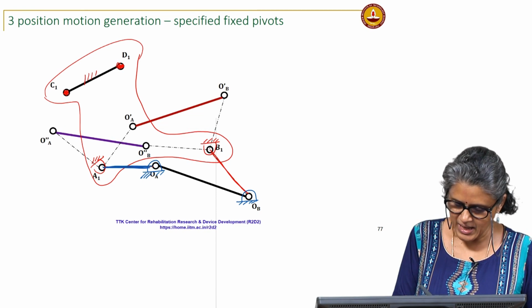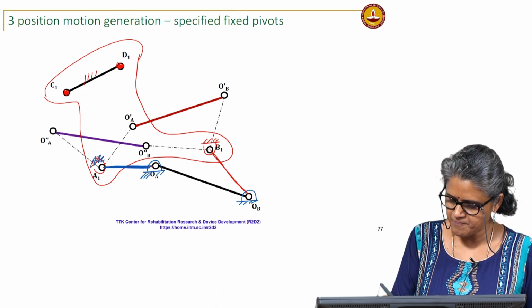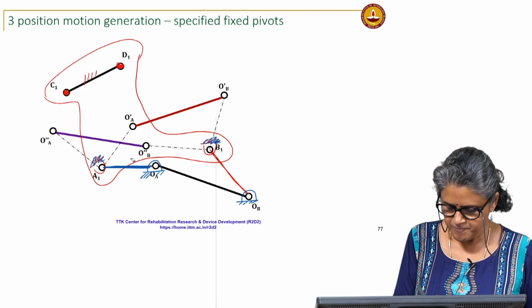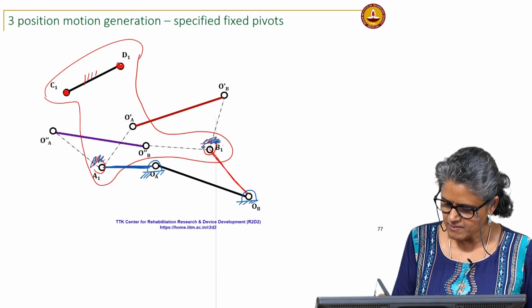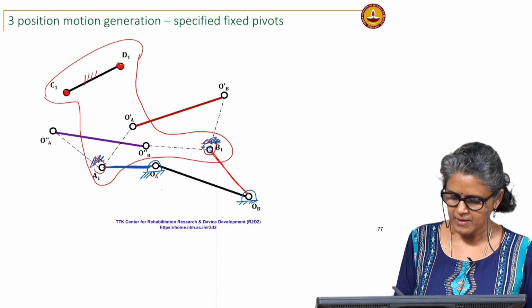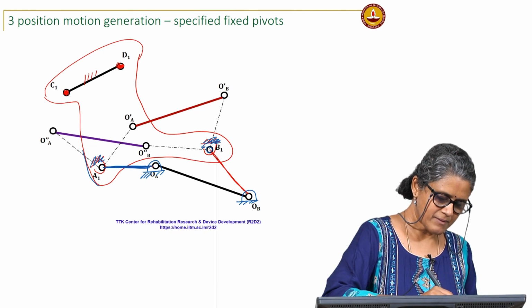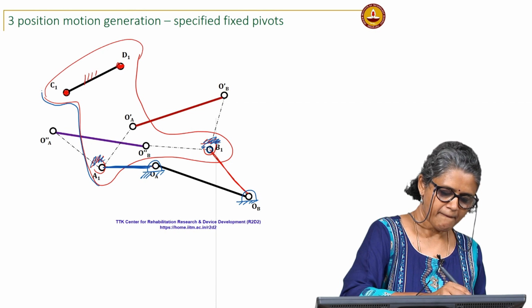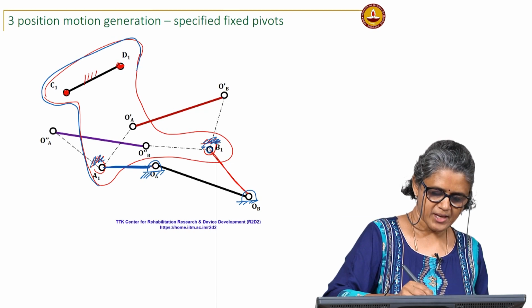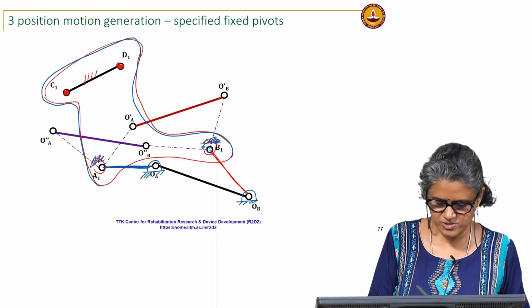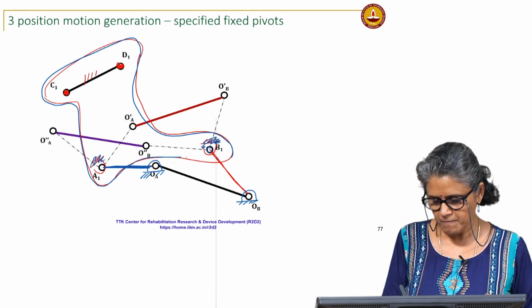So, my actual linkage is this, I pivot it at A and B, okay, and my coupler is shaped like this, or whatever shape that includes this.